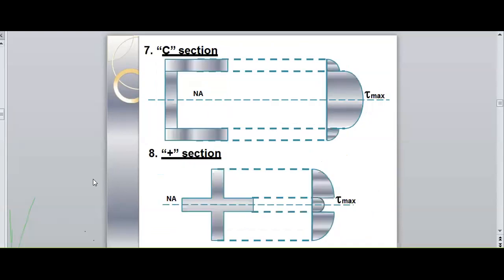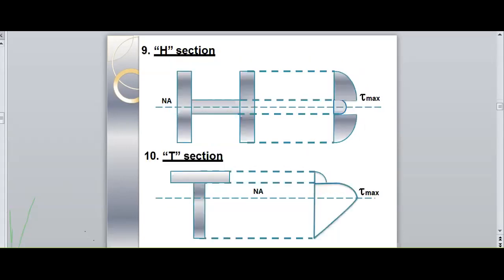So this is the C section, we will call it the channel section. It also looks like this. Next, the I, that is the H cross section, looks like this. And the T cross section looks like this.